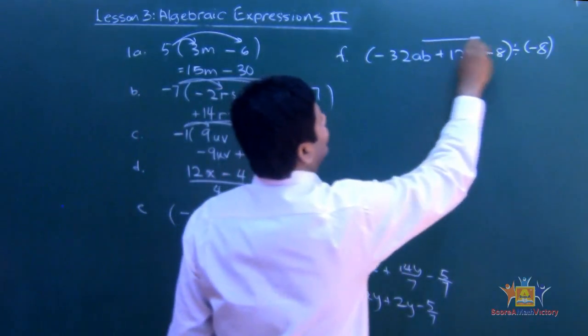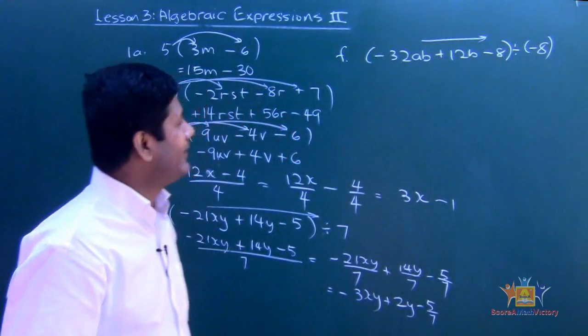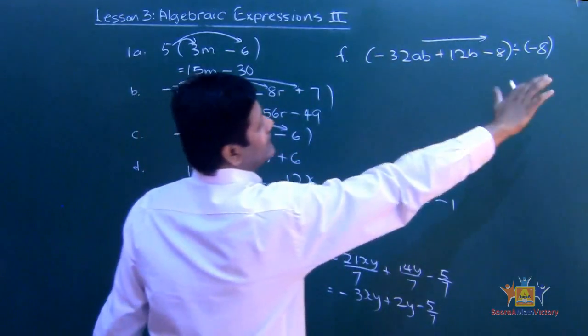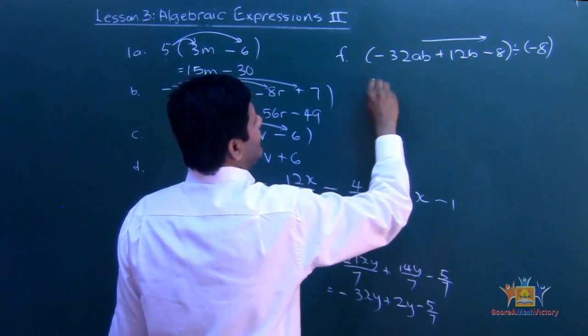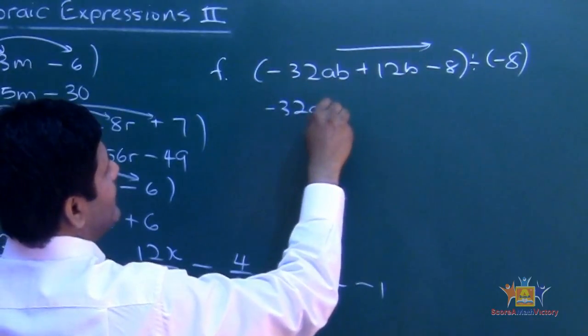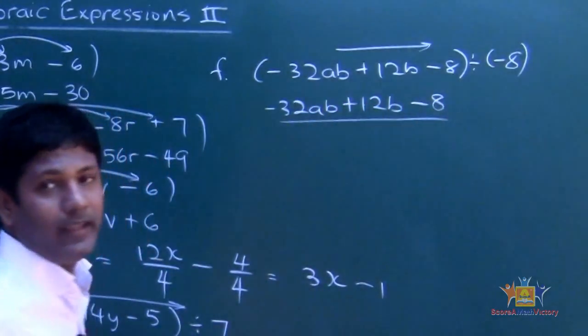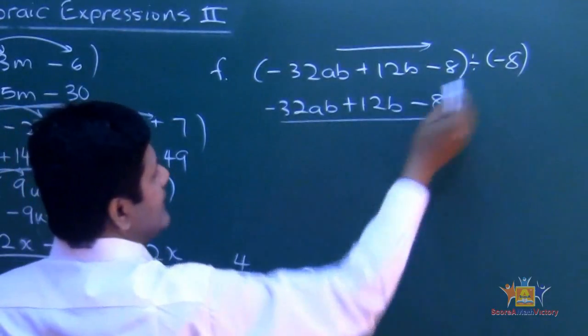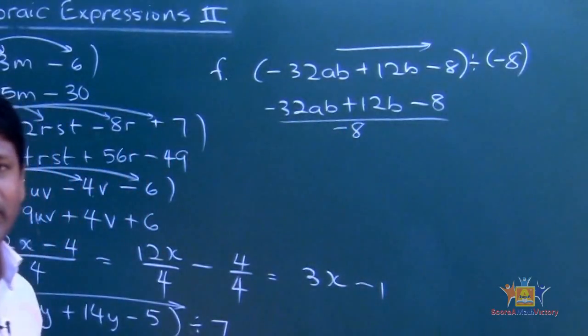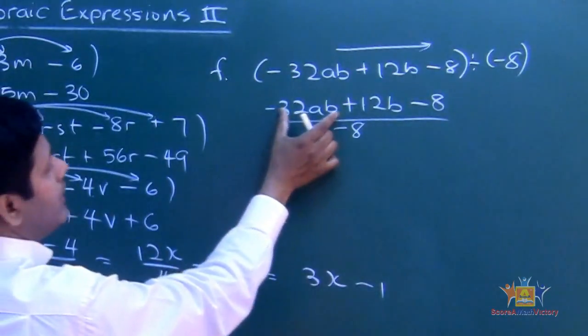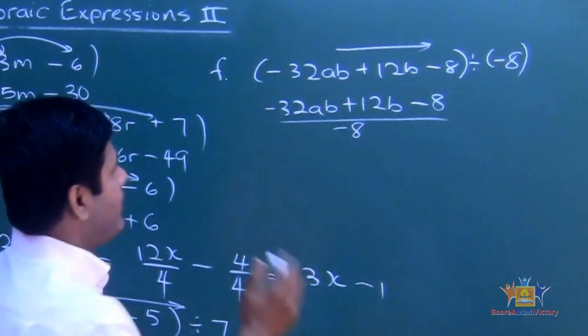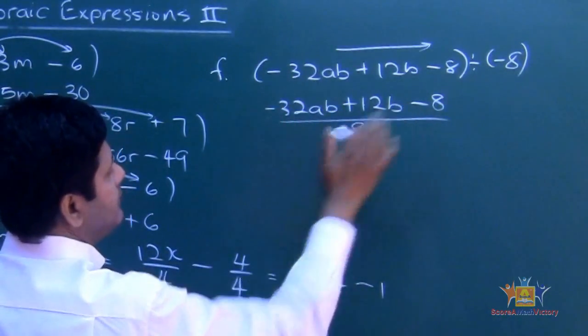Let's read it with the right arrow method. We're going to read exactly what it says: this whole thing, negative 32ab plus 12b minus 8, we're going to divide that whole thing because it's a division with negative 8. How many terms are there? 1, 2, 3. So we're going to break it up. Make sure you pay attention to negative, positive, and negative.